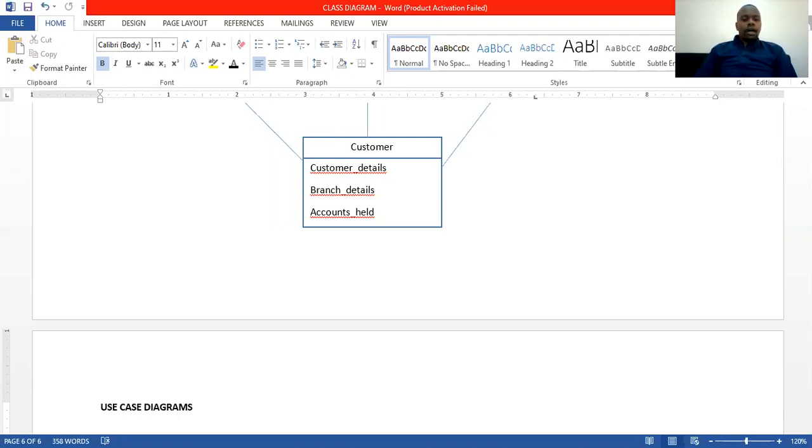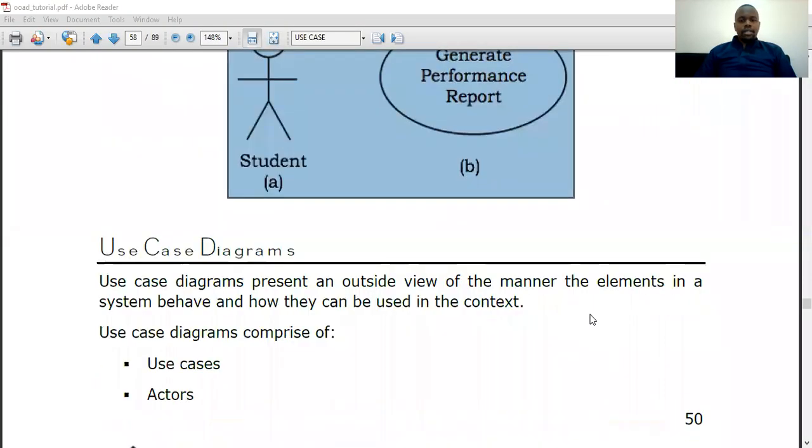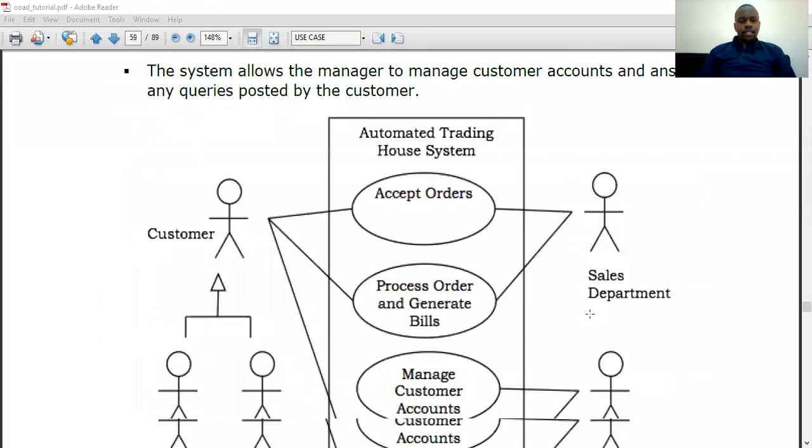Now, these are the particular diagrams that are normally used. I need to show you this. Let me just share this. This is how we represent a use case diagram.